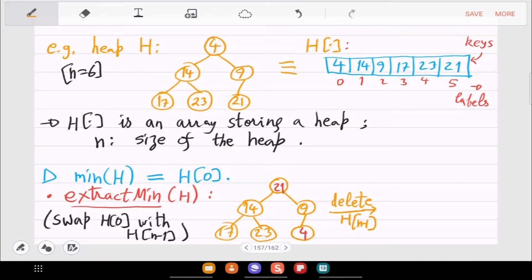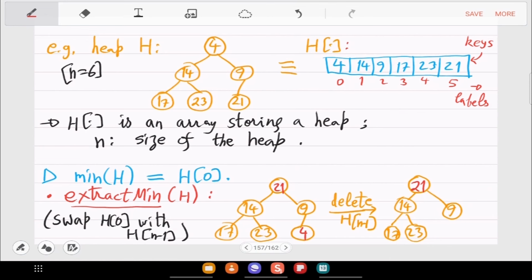So when you delete, you see this is the leftover. Right, so the heap or the array has now become, n has reduced by 1. Right, 6 has become 5 now, n equal to 5.